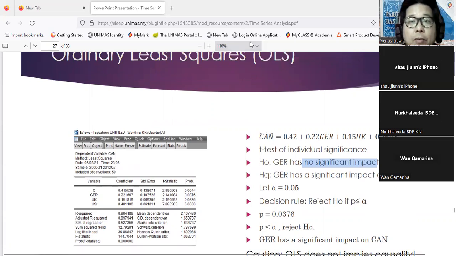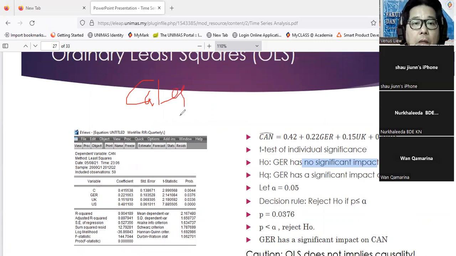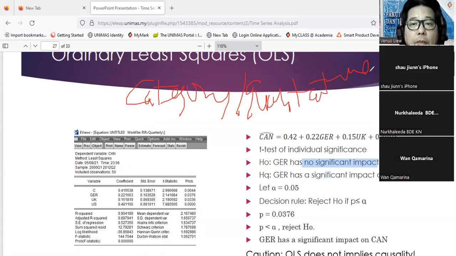Our variable can be a categorical variable, which is a qualitative variable. Our variable can also be a quantitative variable.